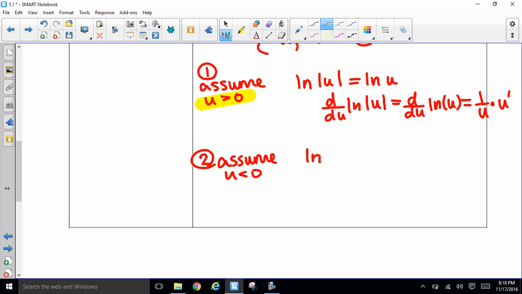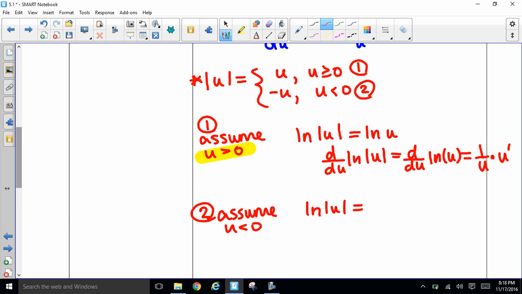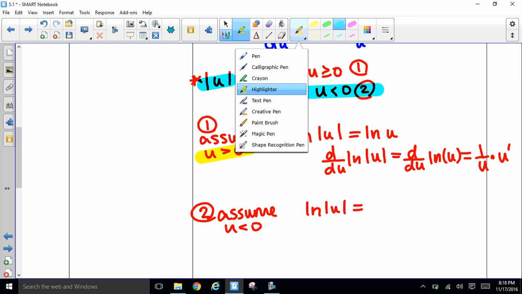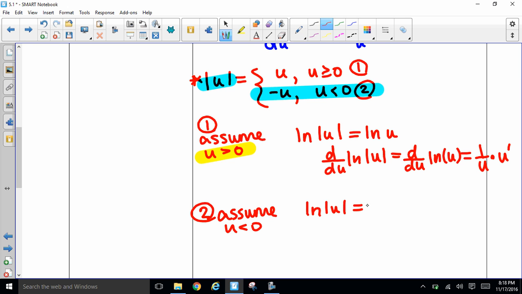Our second scenario is to assume that u is less than 0, so it's negative. Then, coming back to our definition, if u is less than 0, the absolute value of u is the same thing as negative u. So natural log of absolute value of u is equal to natural log of negative u.